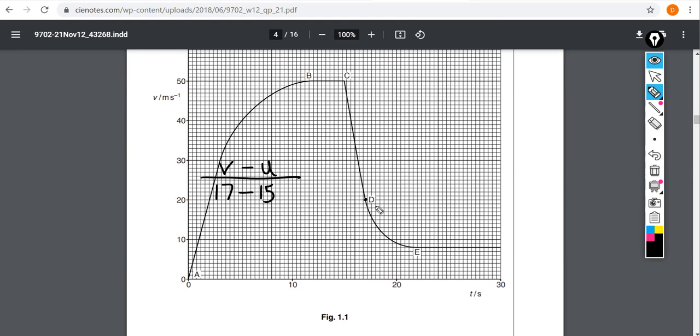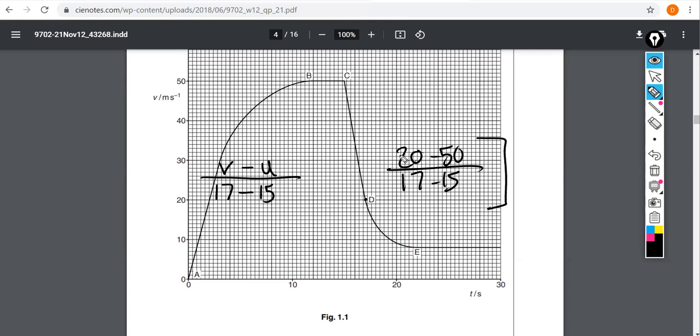Look, it's an even 20. They were friendly. So the final velocity is 20 and the initial velocity is 50, so it's slowed down, which makes it negative, corresponding to 17 minus 15.